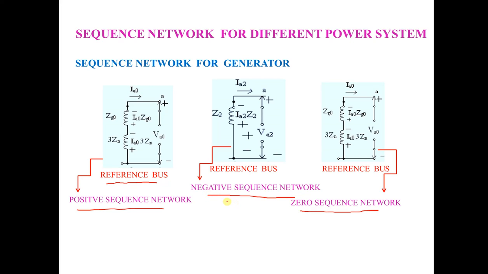So the conditions we are going to satisfy, as we told previously: for the generator, the negative sequence impedance will be lesser than the positive, and the zero sequence will be equal to the positive. So when you see the circuit diagram, positive and zero are both equal for the generator.